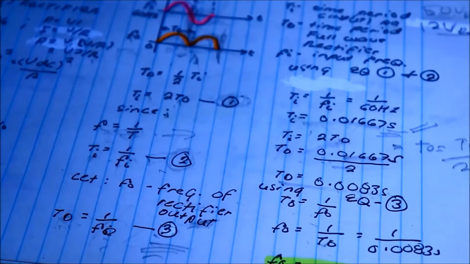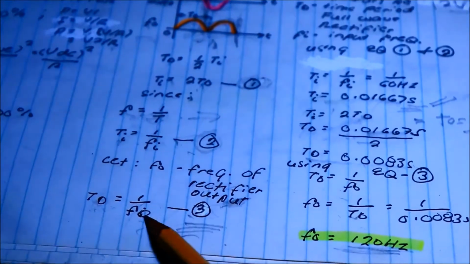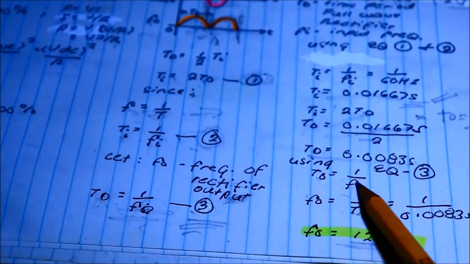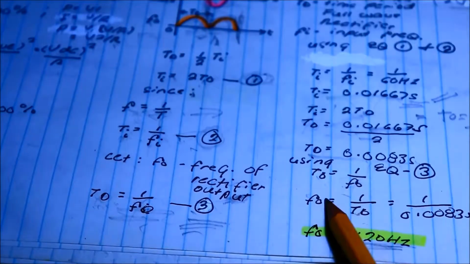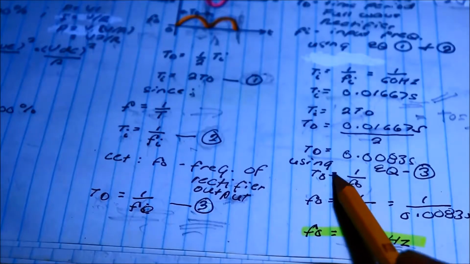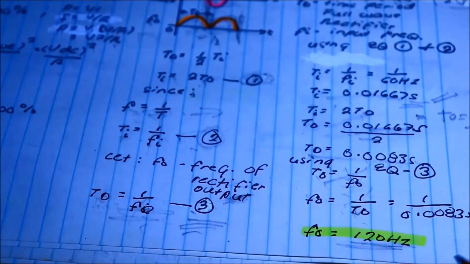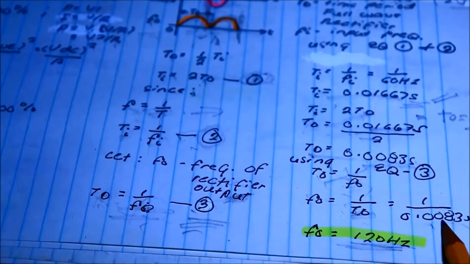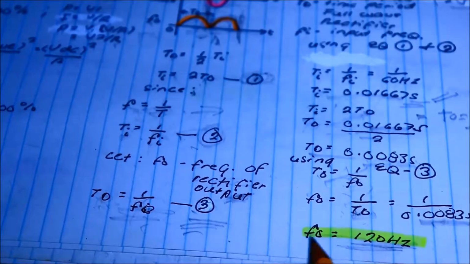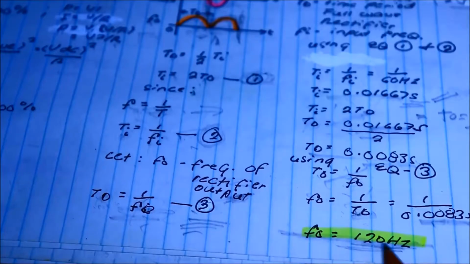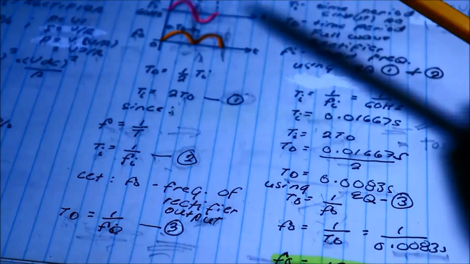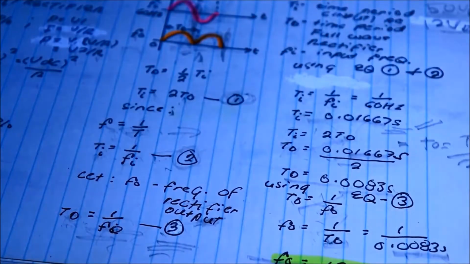Now, let us use equation 3. To is 1 over Fo, therefore Fo is 1 over To. Substituting, the output frequency is 120 Hz, twice the input frequency of the secondary.